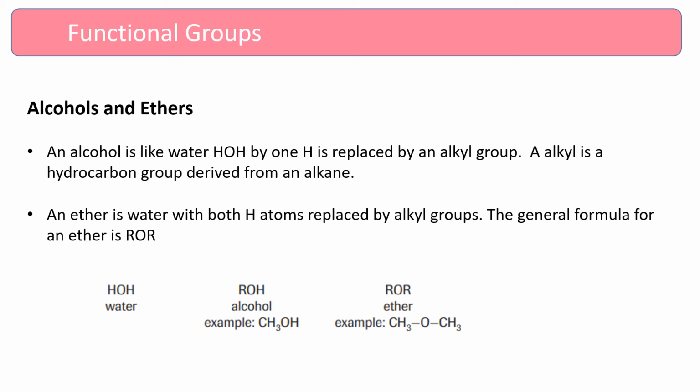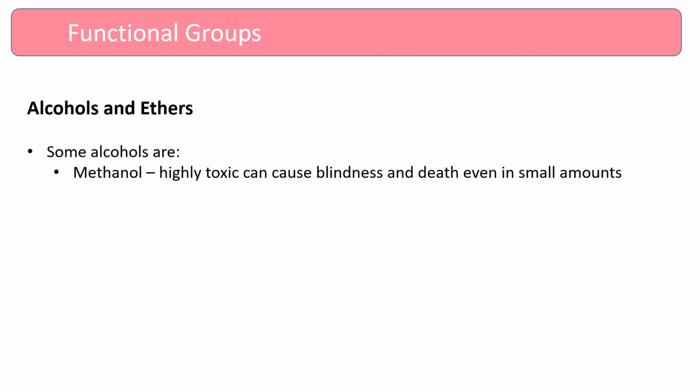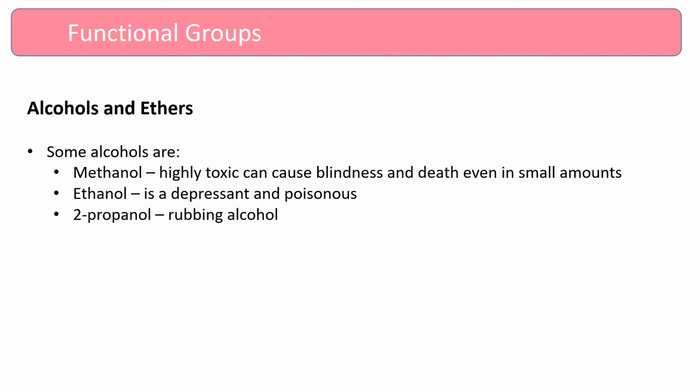Alcohol has 1, so it's ROH. Some alcohols, methanol, is very highly toxic, can cause blindness and death in even small amounts. Ethanol is also a depressant and can be poisonous. 2-propanol is the term for rubbing alcohol.